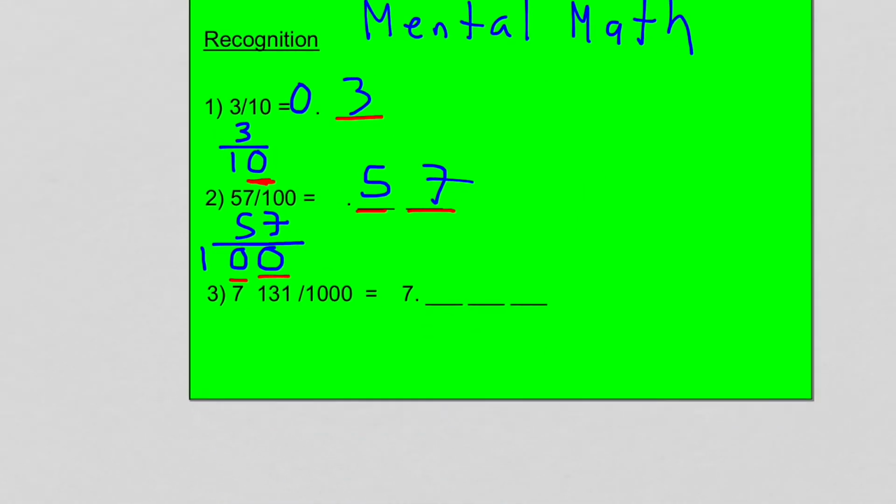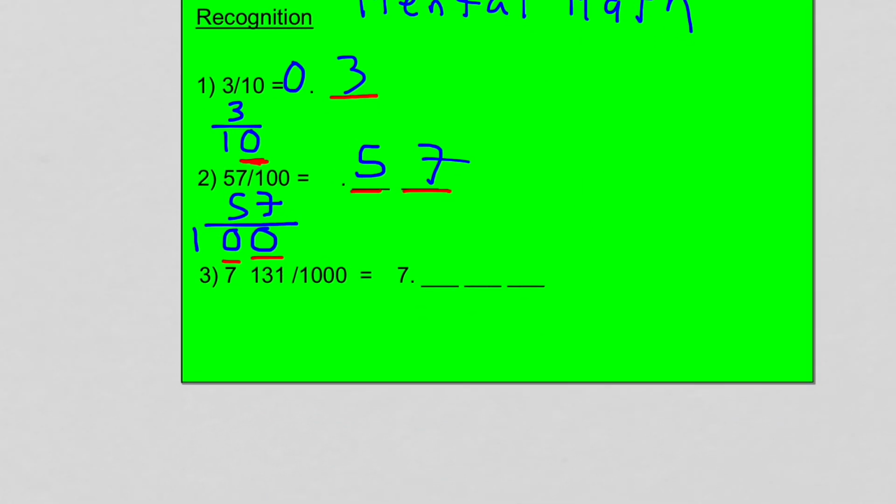Now don't forget about mixed numbers as well. We have 7 wholes and 131 out of 1,000. Okay. 3 zeros on 1,000 mean 3 decimal spots. And in those decimal spots, we put the 1, the 3, and the 1.